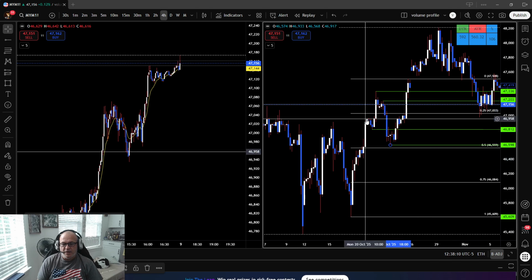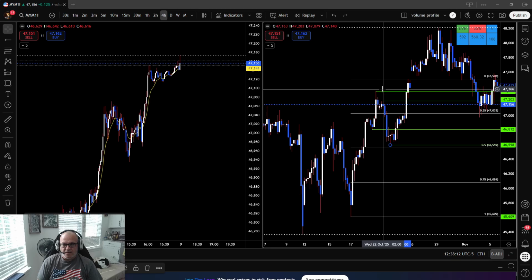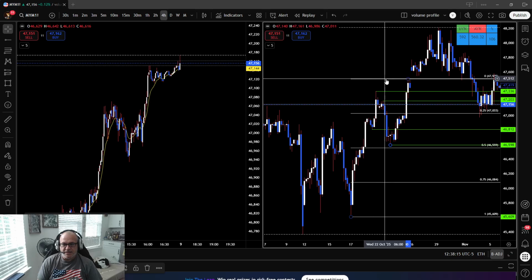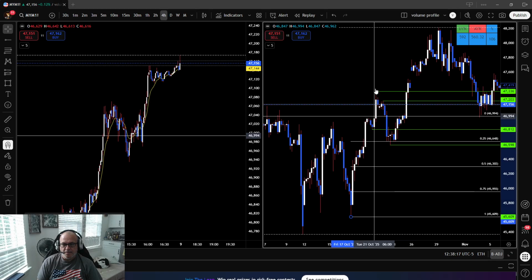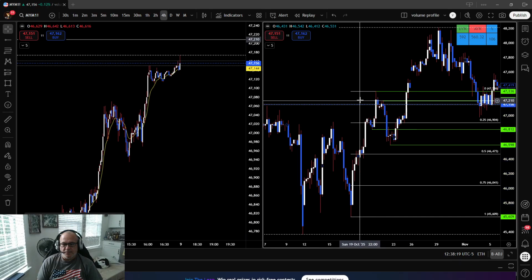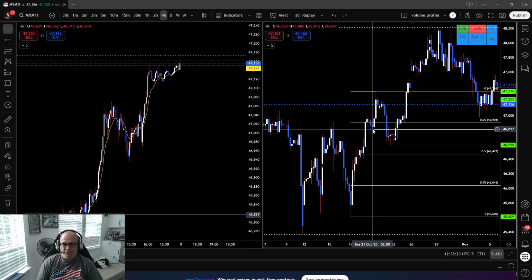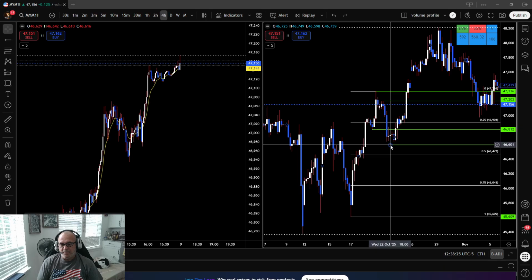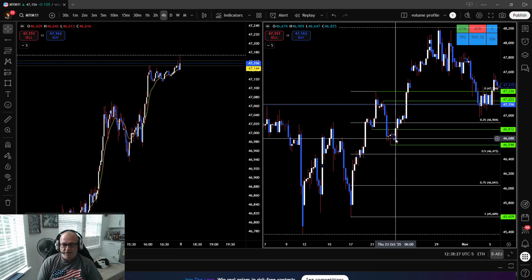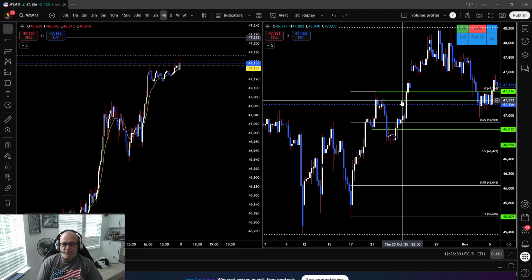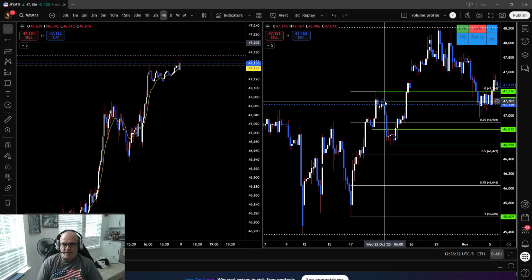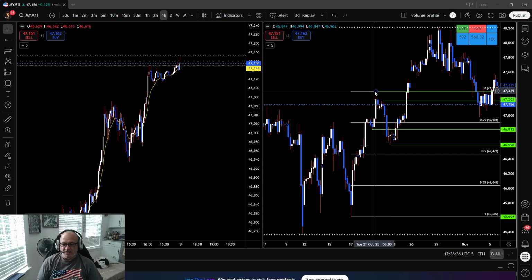We came down after making a new dealing range here, we came down and we swept this swing low, made a new swing low, and then went up and swept not this swing high, which is an internal high. We swept the external high.